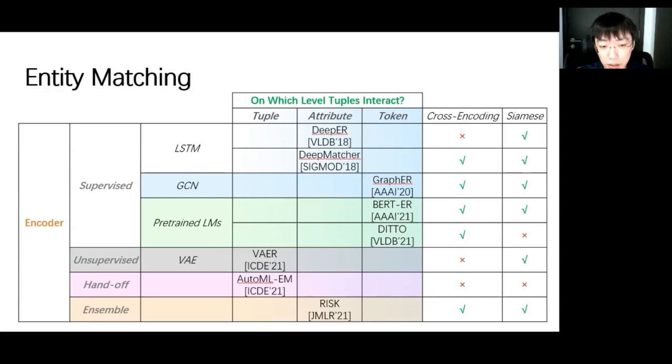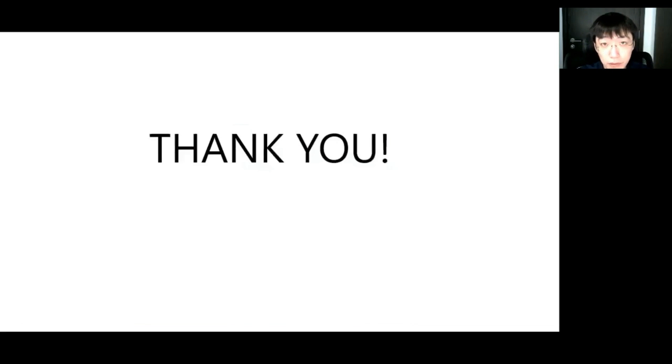Vertically, according to the level at which the two tuples interact, VAER and AutoML-EM are on the tuple level, while DeepER, DeepMatcher, and Risk are on the attribute level, and GraphER, BERT-ER and DITTO work on the token level. Okay, thank you.